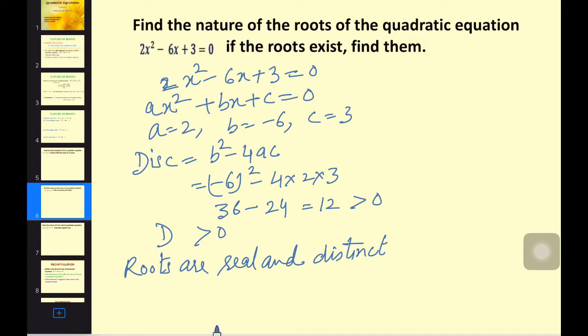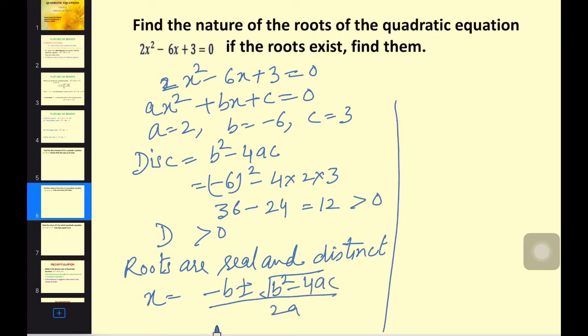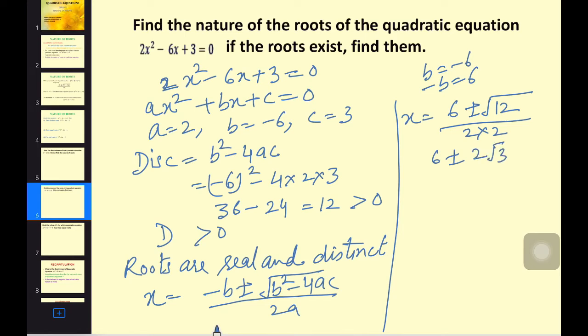Now we will find the roots. x is equal to minus b plus minus root b square minus 4ac by 2a. x is equal to minus b, b is minus 6, so minus b is 6, 6 plus minus root 12 upon 2a, 2 into 2, 6 plus minus 2 root 3 upon 4. 2 common can be taken from here, 3 plus minus root 3 upon 4, 2 cancels with 4, that is equal to 3 plus minus root 3 by 2.